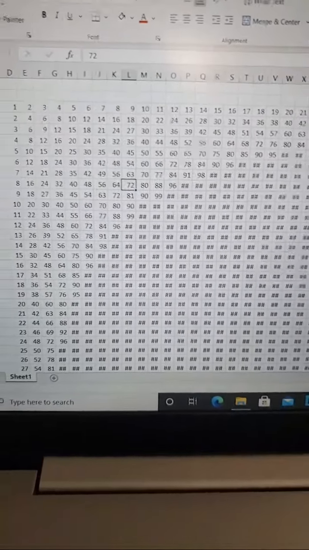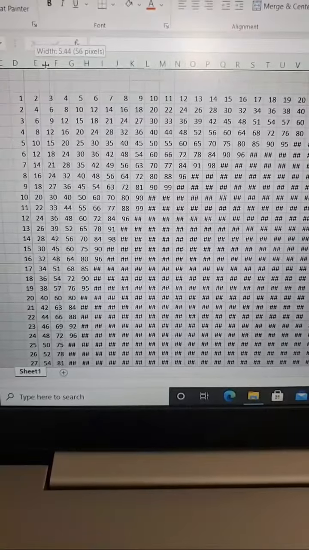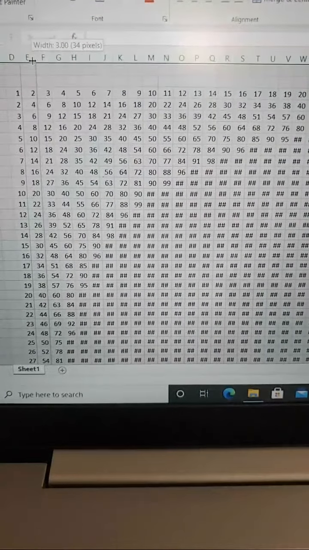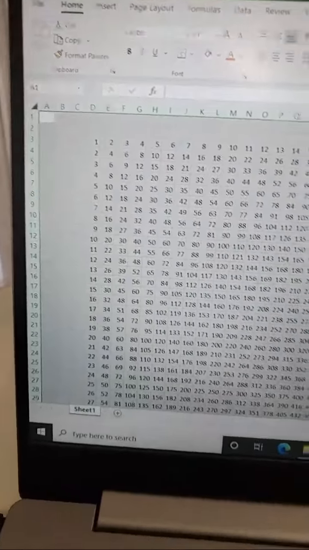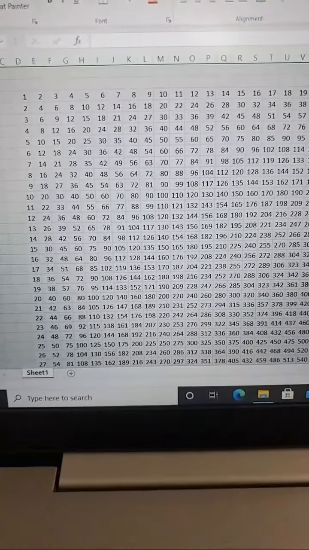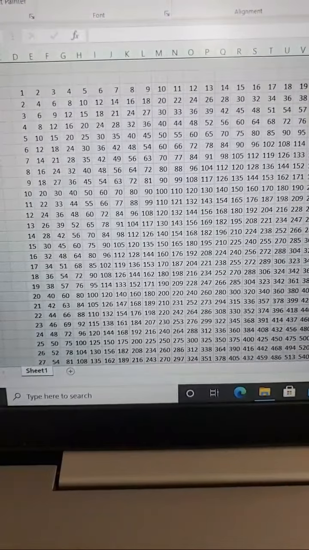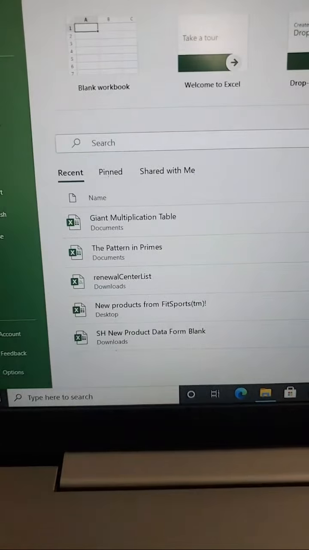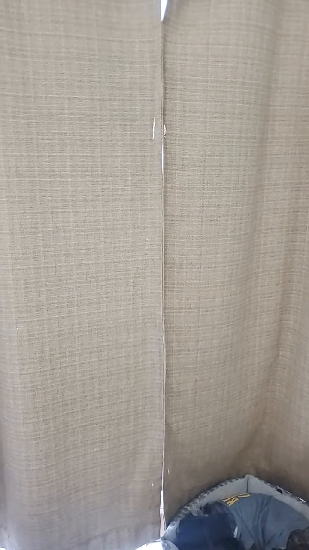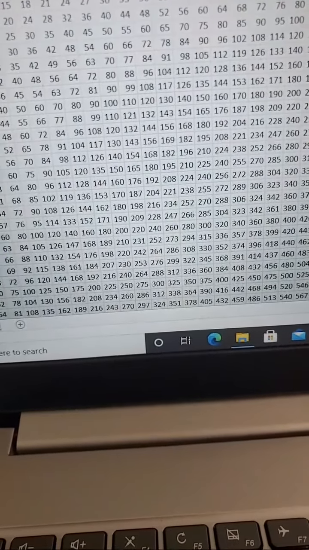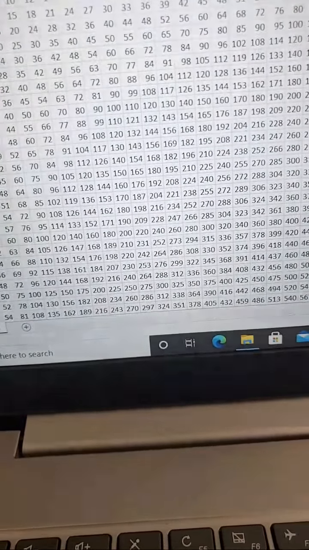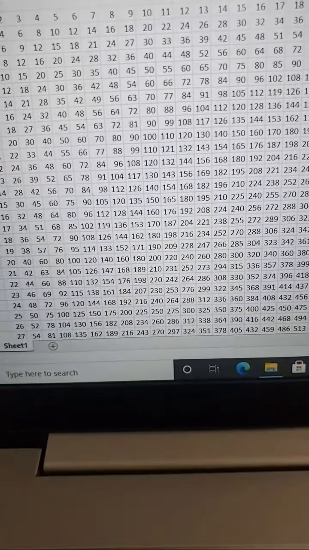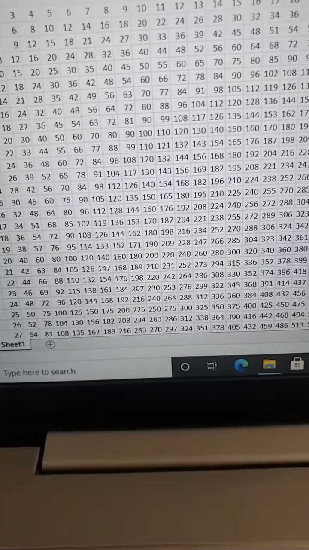Oh, we should probably make those bigger. Can we just go here... no, I don't want to wrap it. No, not that. Home. Page layout. Formulas.